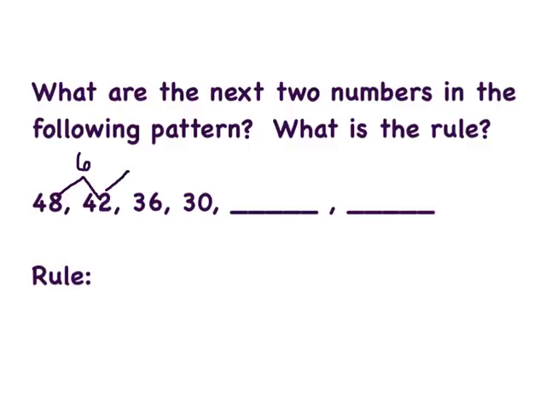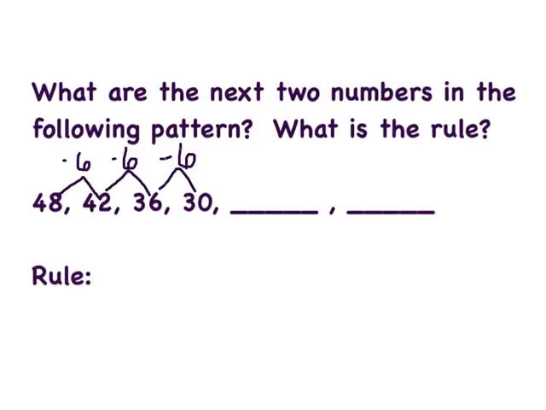From 42 down to 36, I went down by 6. From 36 down to 30, I went down by 6. So I'm going backwards. Oh, it's my 6's, except in reverse order.